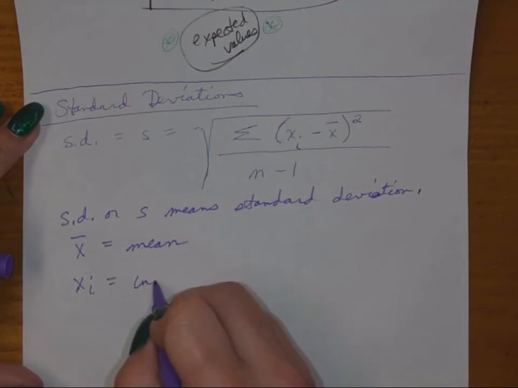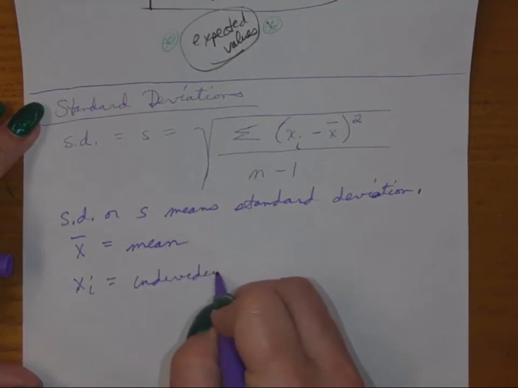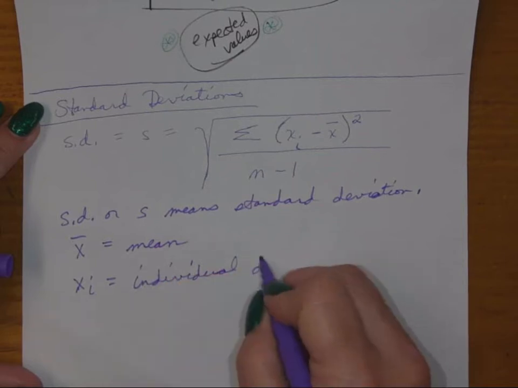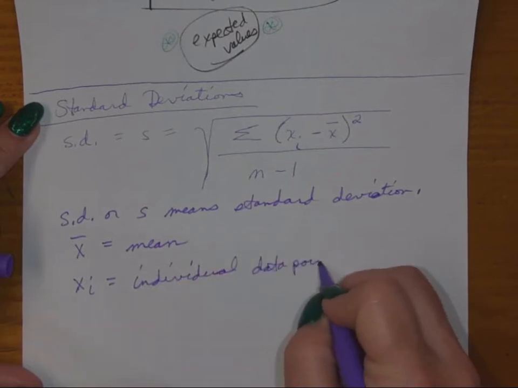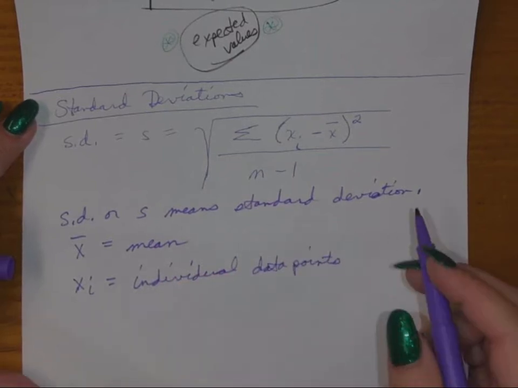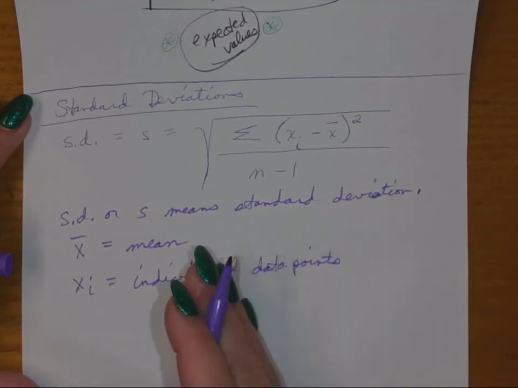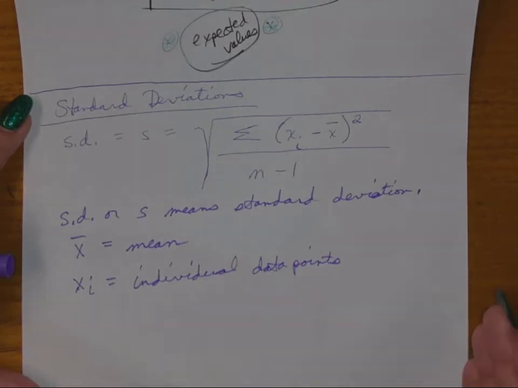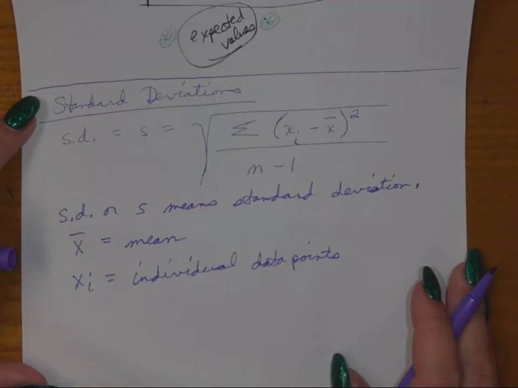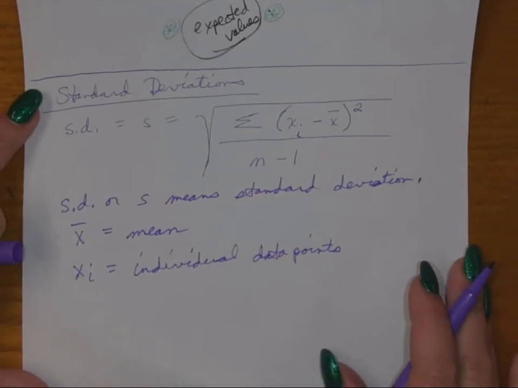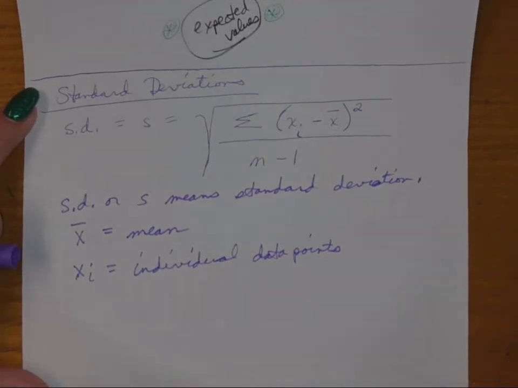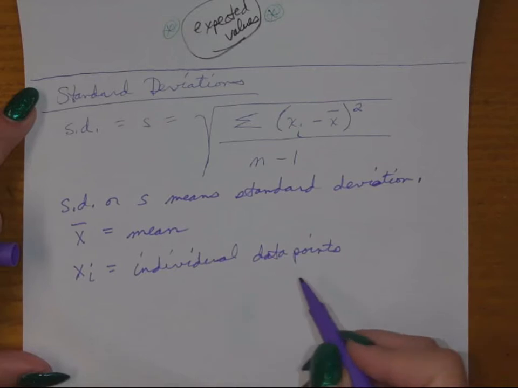It is your individual data points. So for instance, if I had 5 data points, I would call them x sub 1, x sub 2, x sub 3, x sub 4, x sub 5. So the i just varies depending on how many data points I have. It's just a way for me to say, okay, your second data point, that's x sub 2. Your third data point, that's x sub 3. It's each individual data point.